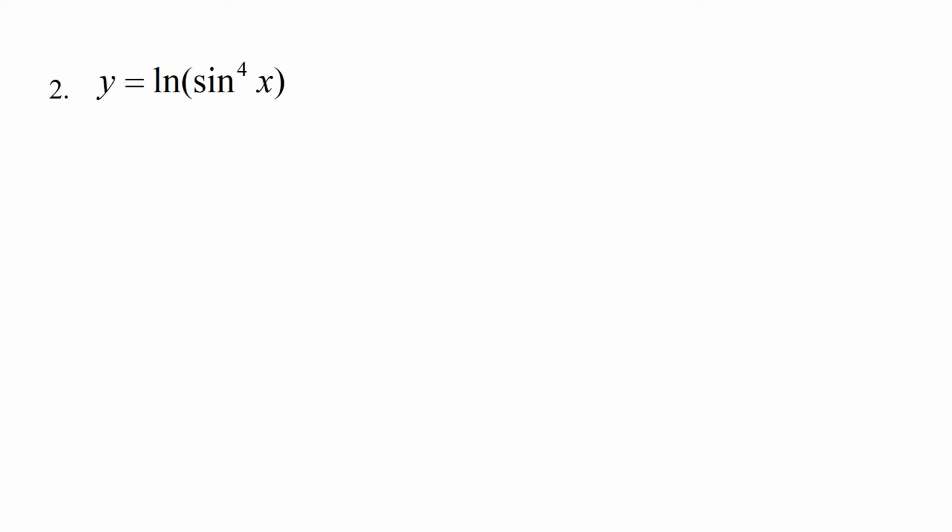Now we have y is equal to sine to the 4th power of x. Well, let's rewrite this real quick. So we have y is equal to the natural log of, that's sine of x to the 4th power.